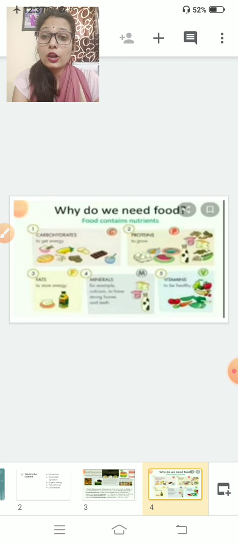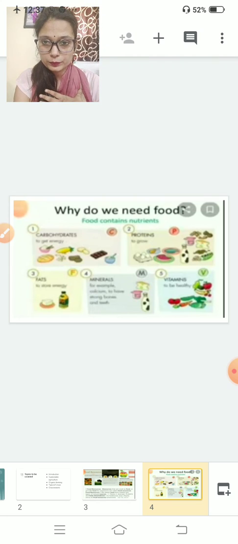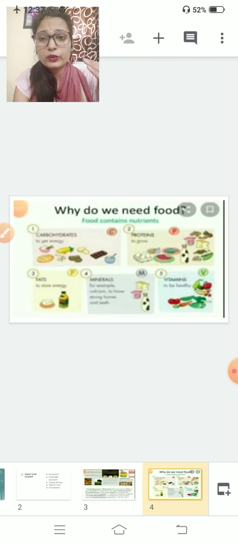Now, why do we need food? Because in food there are lots of things present, basically carbohydrates, proteins, fats, minerals and vitamins. In one type of food, it is not compulsory that all types of minerals, vitamins, carbohydrates are present. That's why we eat different types of food, because for our proper body growth, we need all types of materials like carbohydrates, fats, minerals, vitamins.